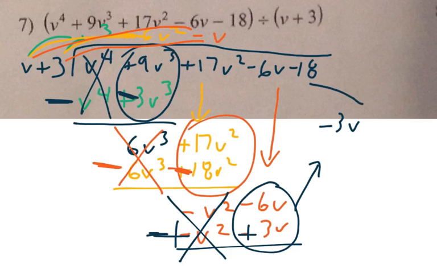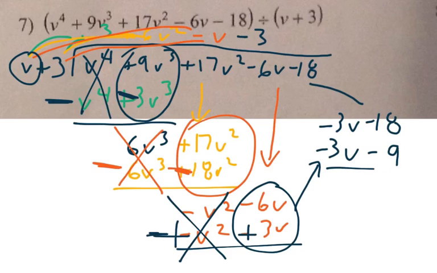And finally, I'm going to bring in my minus 18 for one last turn. Okay. And I'm going to do a minus 3. And because it's getting way too messy, minus 3 times v, guys, is minus 3v. Minus 3 times 3 is minus 9.